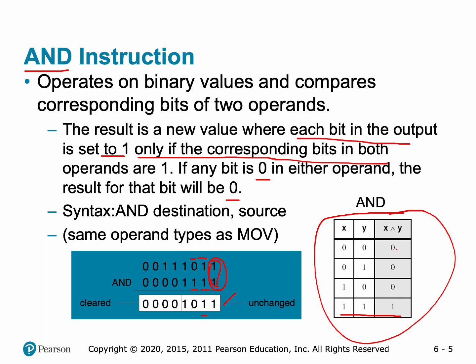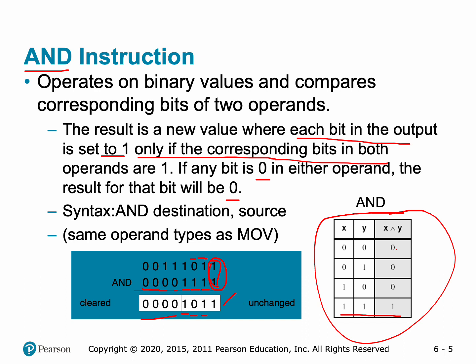0 and 1 gives me false, because one of them is a 0. Here both are 1, so this stays a 1. This has a 0, this has a 0, this has a 0, this has a 0. So all these are zeros or cleared out.